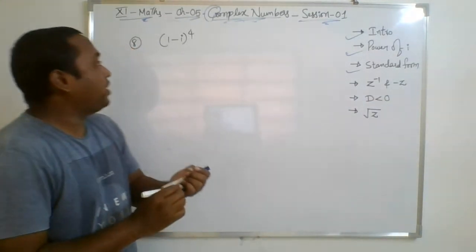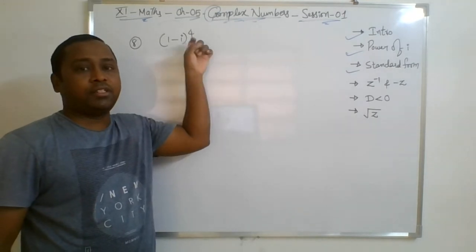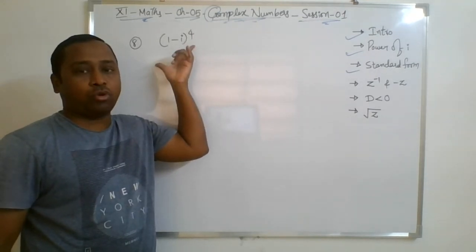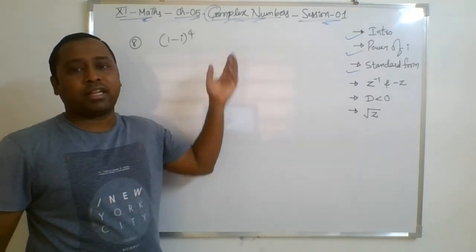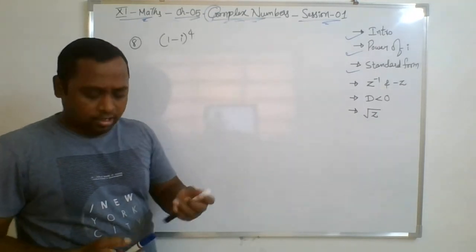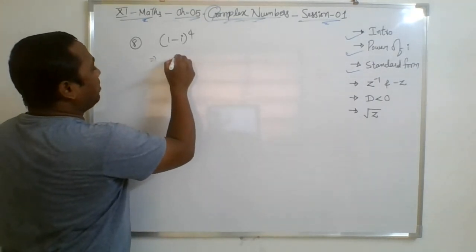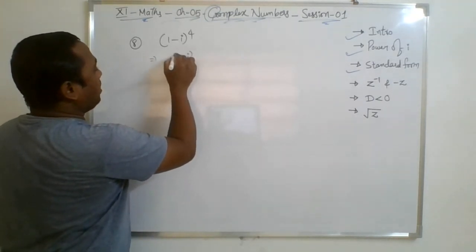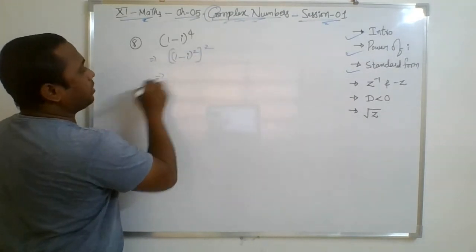Right? If it is a square, you can use the a minus b whole square identity. If it is a cube, you can use the a minus b whole cube identity. But you might not have knowledge about what 1 minus i power 4 will be. So in this case, you can just split the power as (1 minus i) whole square, whole square.